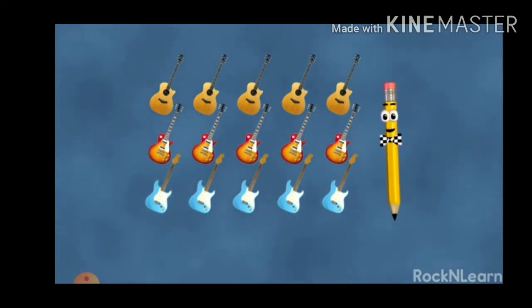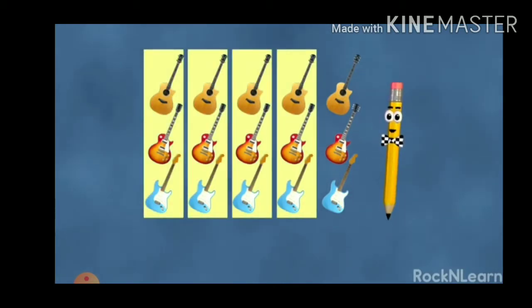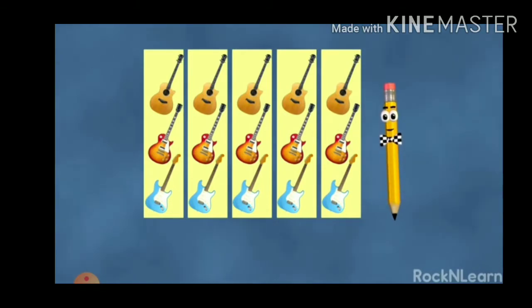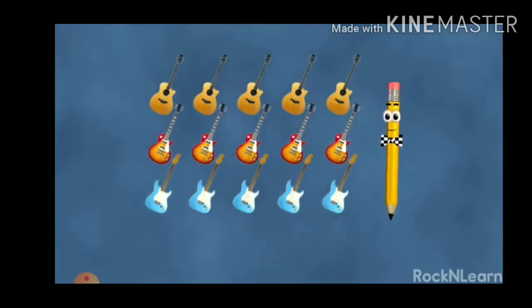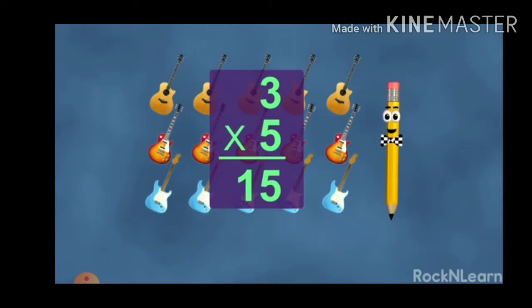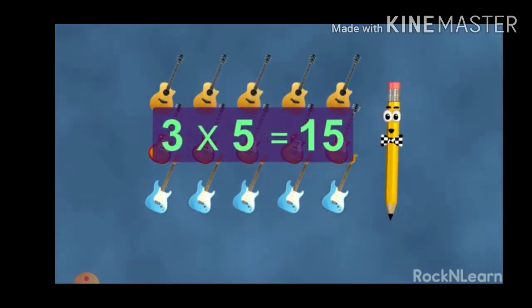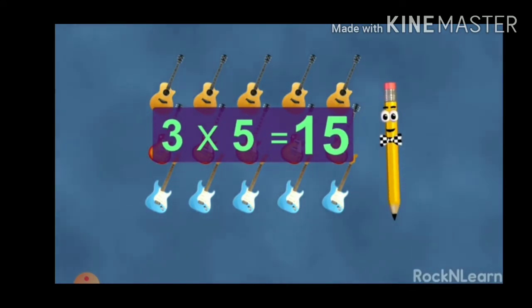What we actually have are 1, 2, 3, 4, 5 groups of 3 guitars. 3 5 times, or 3 times 5 equals 15. Notice that this sign means times, and it shows that you are multiplying. You can also write the problem this way. 3 times 5 equals 15.